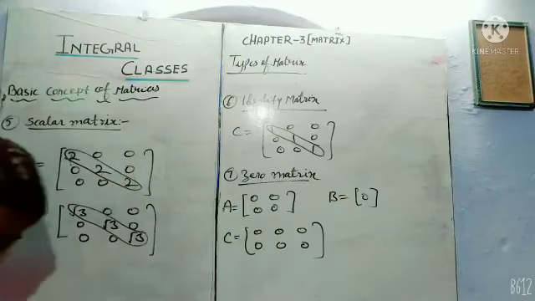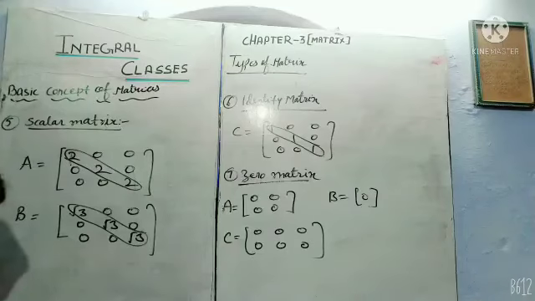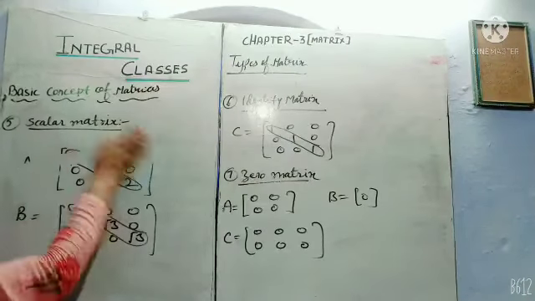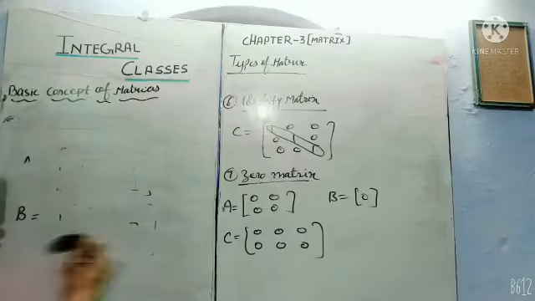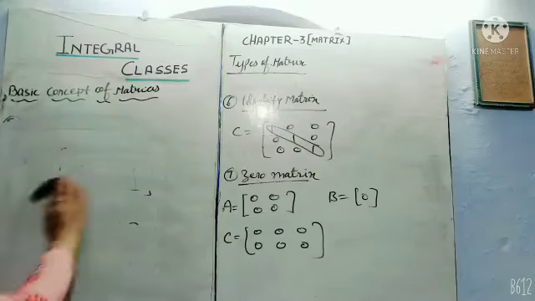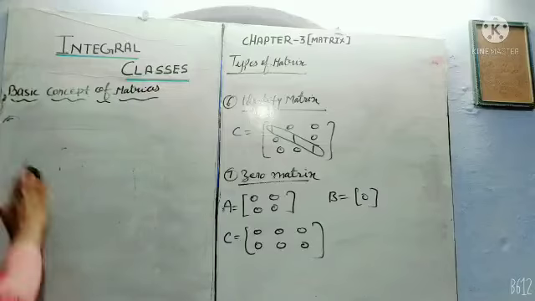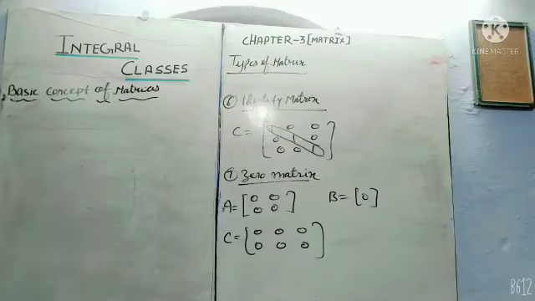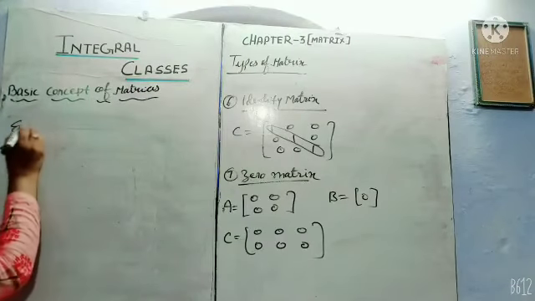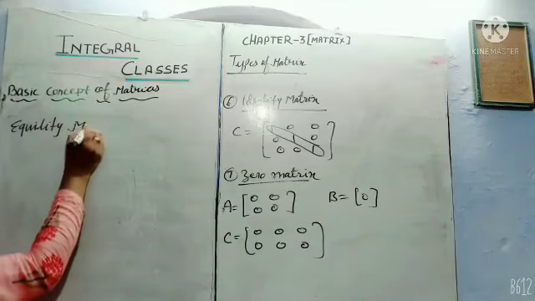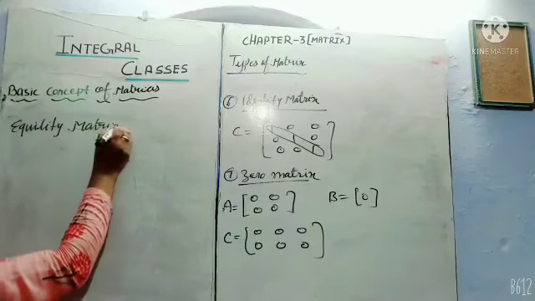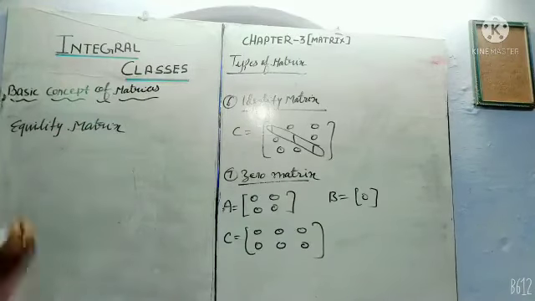Now next is equality of matrices. What is the definition of equality of matrices? Student, if we are given two matrices and they contain the same elements in the same places, suppose in equality of matrices we consider two matrices.